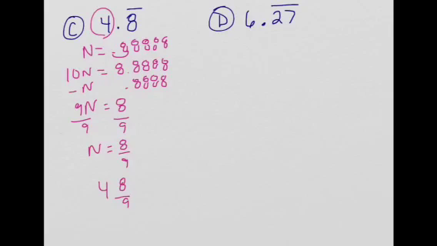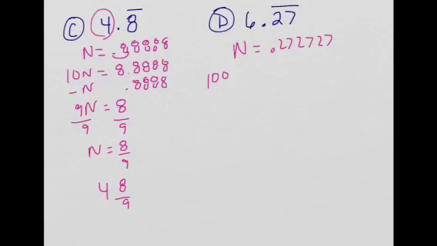We're going to do the same thing with 6 and 27 hundredths that is repeating. So n is equal to 0.272727. I'm going to multiply by 100 because I need to move the decimal 2 places. So 100n is equal to 27.2727.